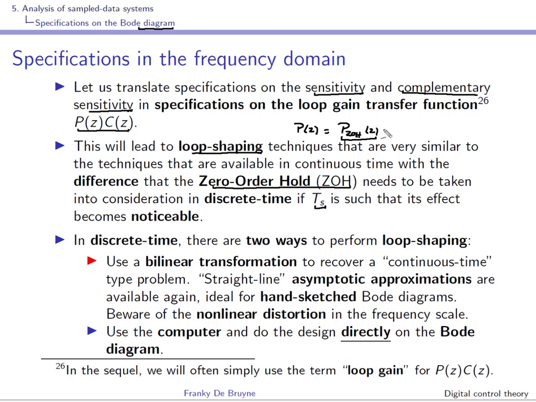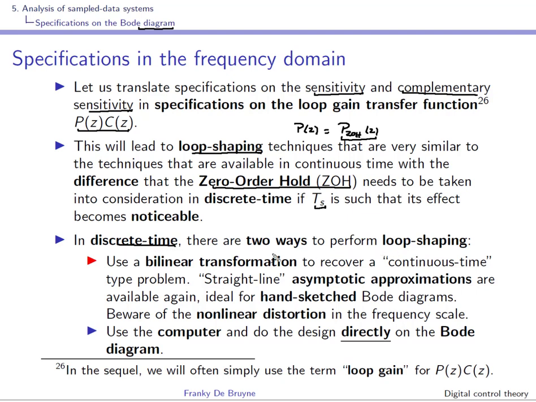So this is the zero order hold equivalent discrete description of the process P(s). Once you have this description, there are essentially two ways to do the loop shaping design in discrete time.